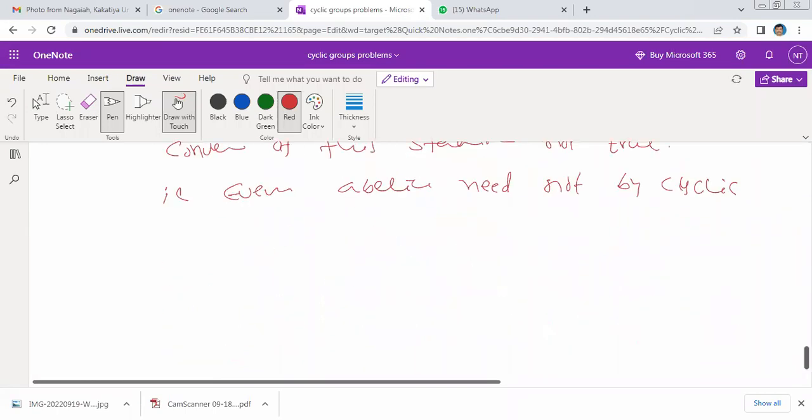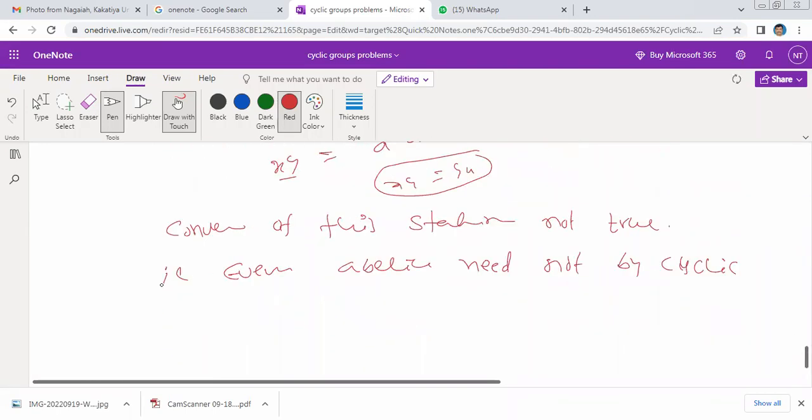Can you give an example? We have so many examples. U9 is cyclic, but U8 is abelian but not cyclic.